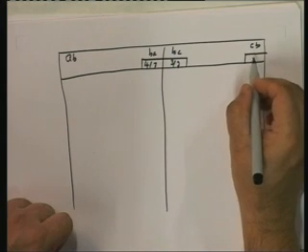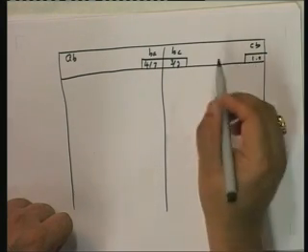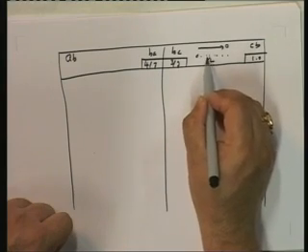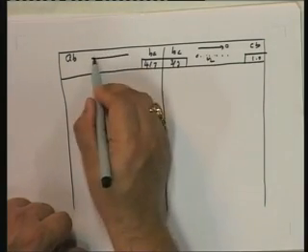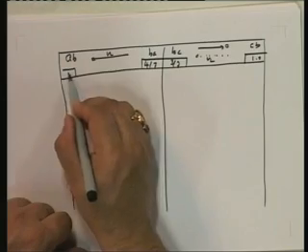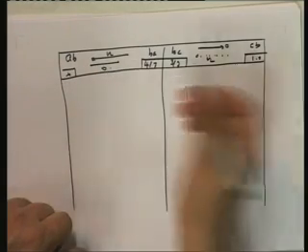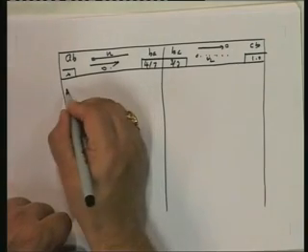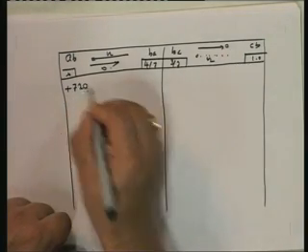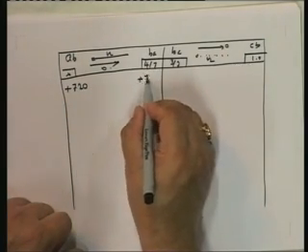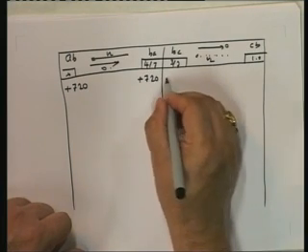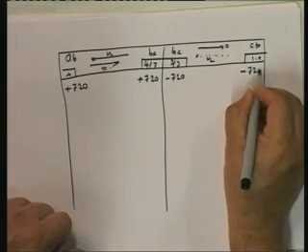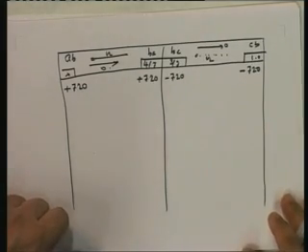This is 1, this way 0, this way only to release the fixed end moment we have half, this way we have half. This is a fixed end, this way it's 0 because it's a fixed end, you don't carry over from a fixed end, and this is plus 720, plus 720, minus 720, minus 720. These are the fixed end moments.